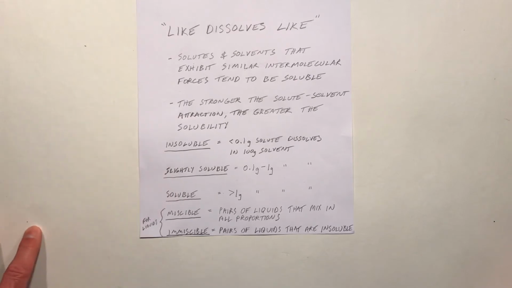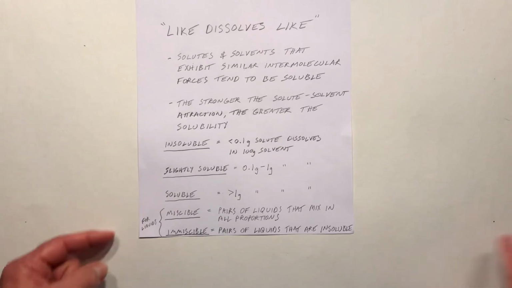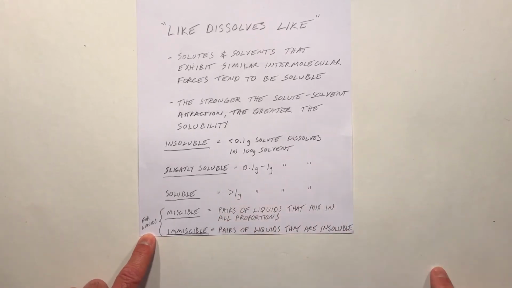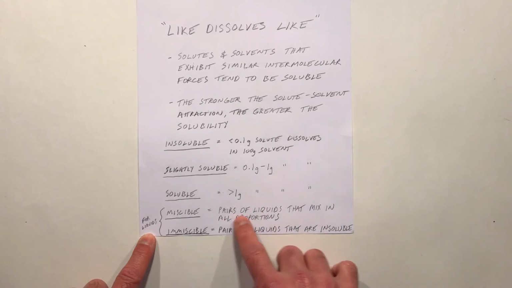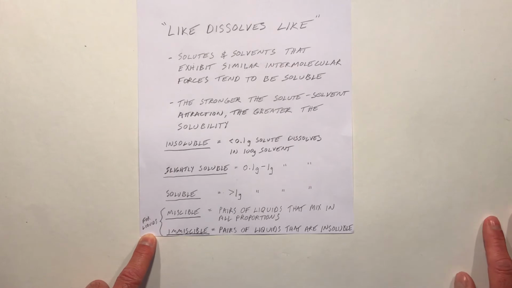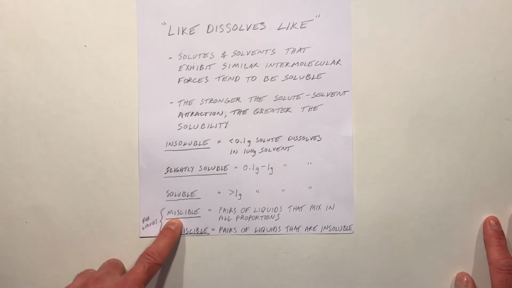Now, if we're dissolving liquids, we have these different terms we sometimes see: miscible. So if you take a solute that's a liquid and a solvent that's a liquid and you mix them together, we see that the pairs of liquids that mix in any proportion, like if you mix some isopropyl alcohol and water, for example, they can mix in any proportion. They're said to be miscible.